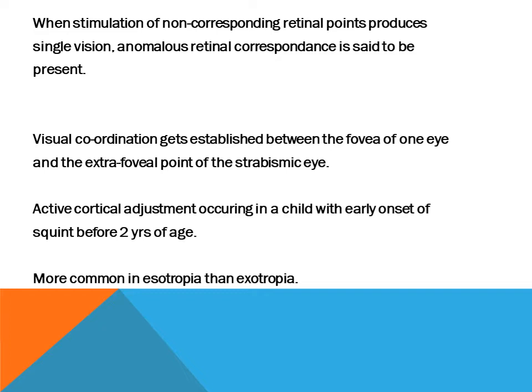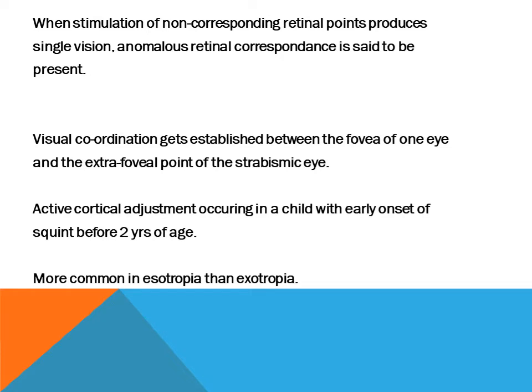The other sensory adaptation is anomalous retinal correspondence, wherein the fovea of the strabismic eye doesn't get stimulated at the same time as the fovea of the normal eye. Instead, the extrafoveal element of the strabismic eye gets stimulated along with the fovea of the normal eye by that particular object of interest.